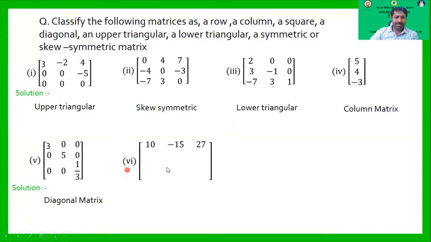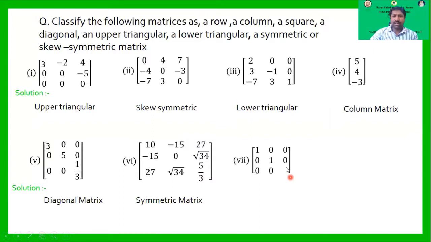So sixth: again a_ij is equal to a_ji. So these elements are symmetric about the diagonal. So this is a symmetric matrix. Now seventh example: here it is a square matrix, diagonal elements are the same, and unity, non-diagonal elements are 0.